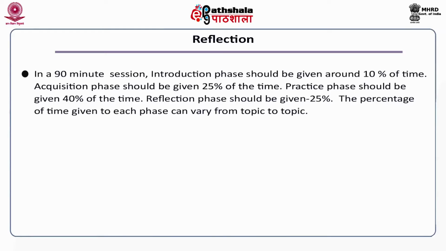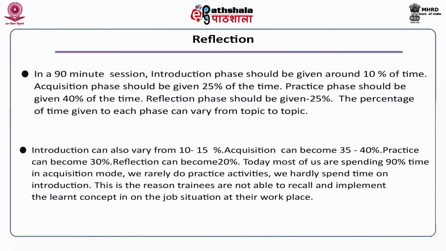The percentage of time given to each phase can vary from topic to topic. Introduction can vary from 10 to 15%. Acquisition can become 35 to 40%. Practice can become around 30%. Reflection can become 20%.